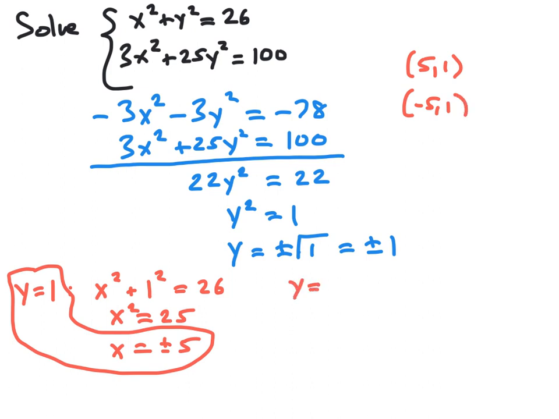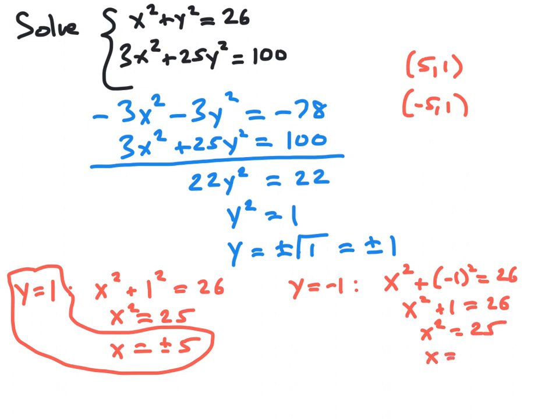We also need to look at what happens when y is negative 1. That's our other possibility for y. And so here we have x squared plus (negative 1) squared will equal 26. Negative 1 squared is positive 1, so this will just be x squared plus 1 equals 26. And like before, we obtain x squared equals 25, and x will be plus or minus 5.